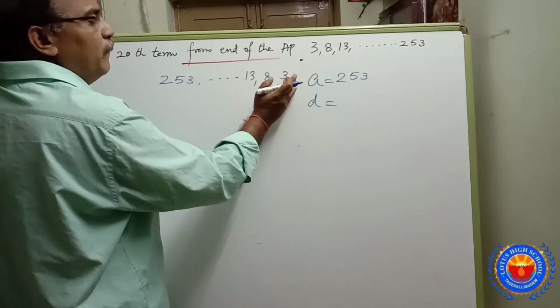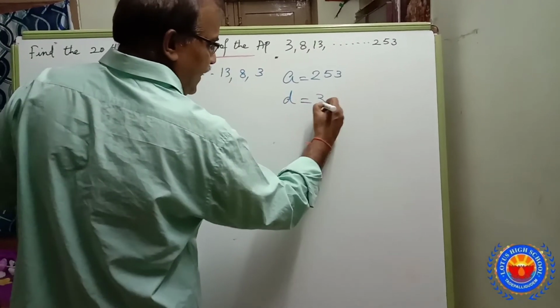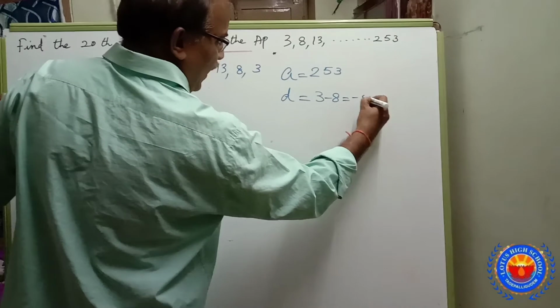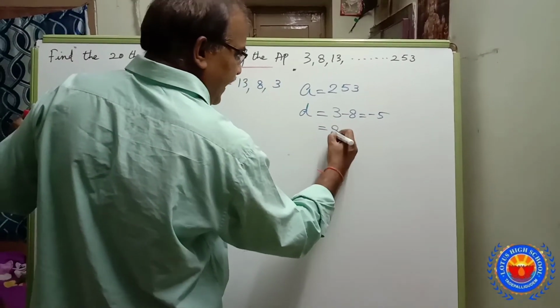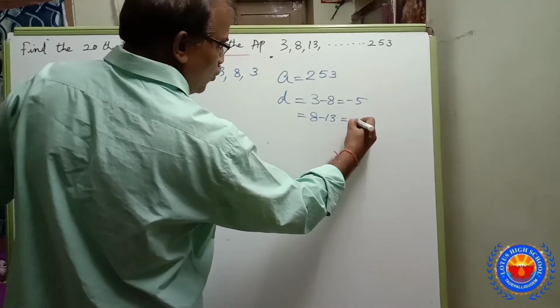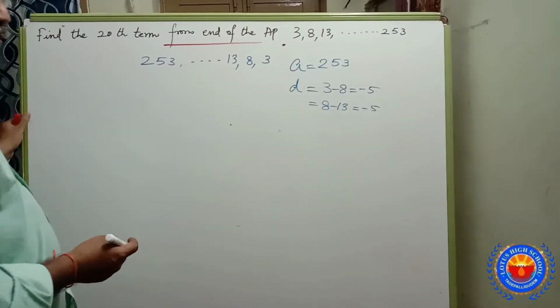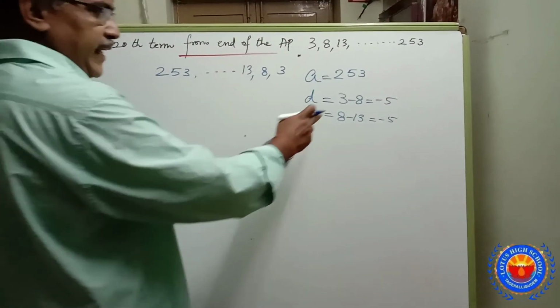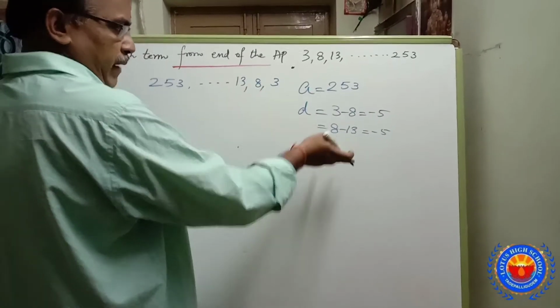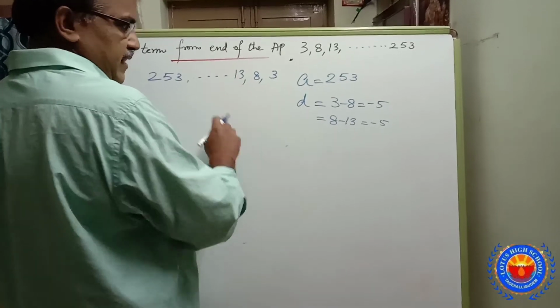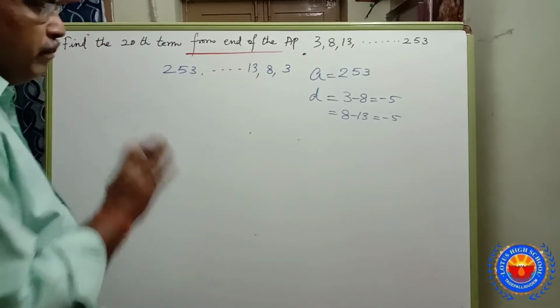That's why better you take 3 minus 8, which is minus 5. Otherwise 8 minus 13, which is also minus 5.